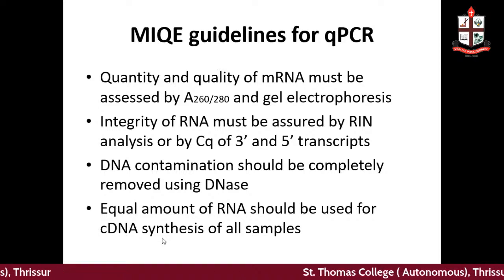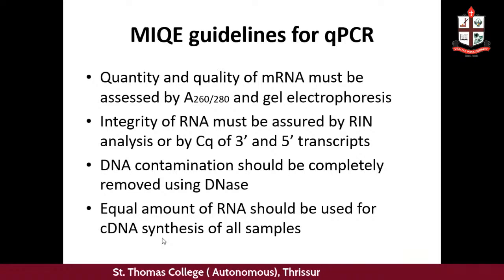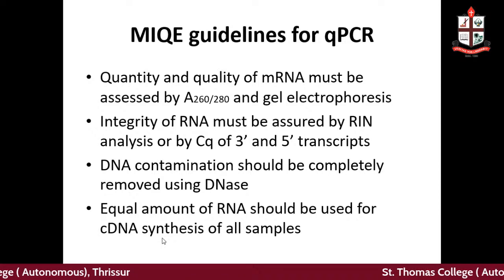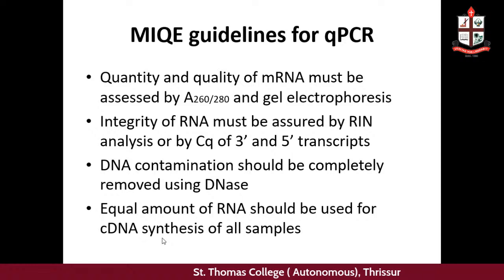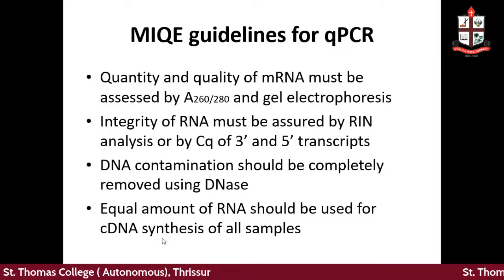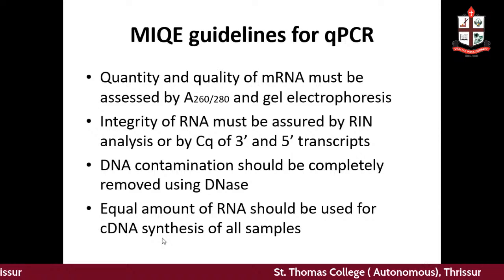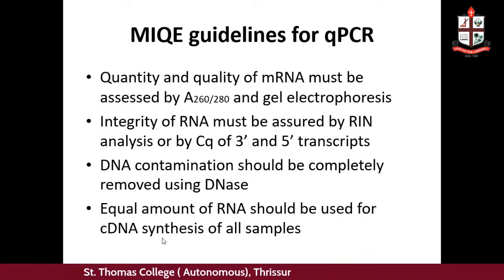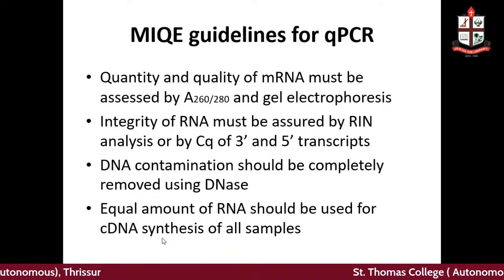That's one aspect. Then another important problem is DNA contamination. When you isolate RNA, you will have DNA contamination also. So you should ensure that the DNA is completely removed, because when you do real-time PCR for gene expression, your amplification can come from the genomic DNA. If you have genomic DNA contamination in your sample, the amplicon will come from the genomic DNA also, because the primer can bind to the genomic DNA also.